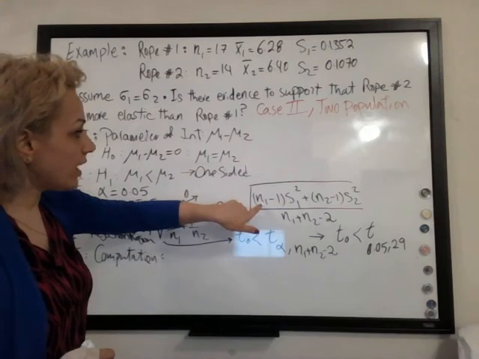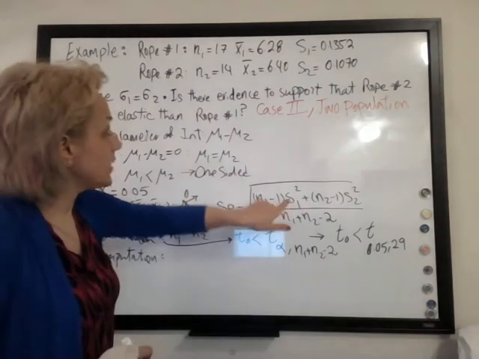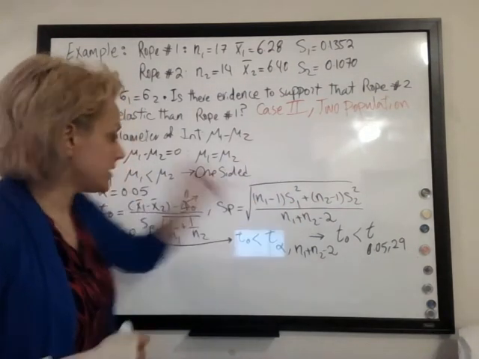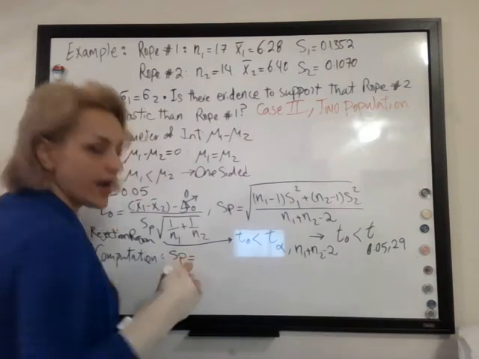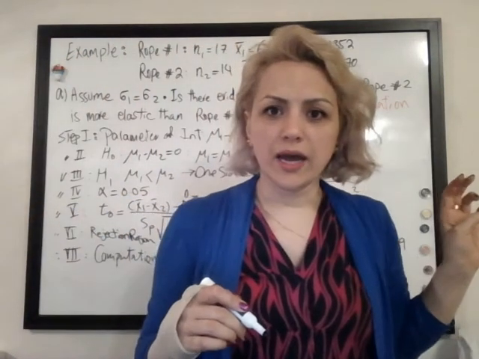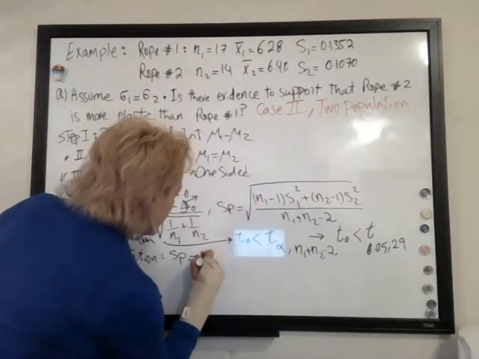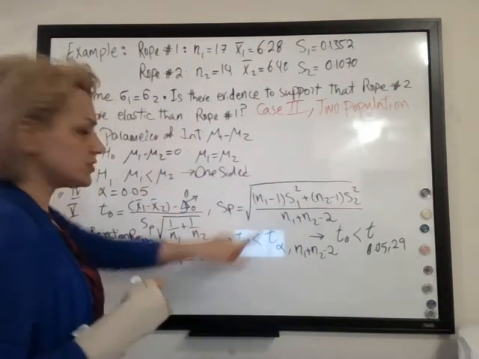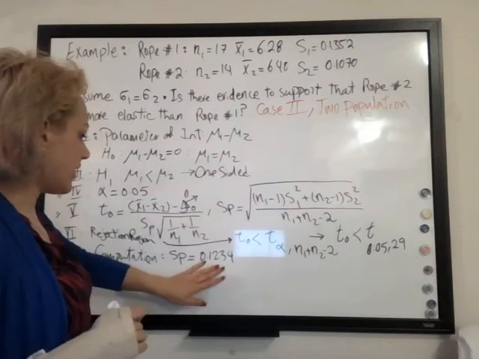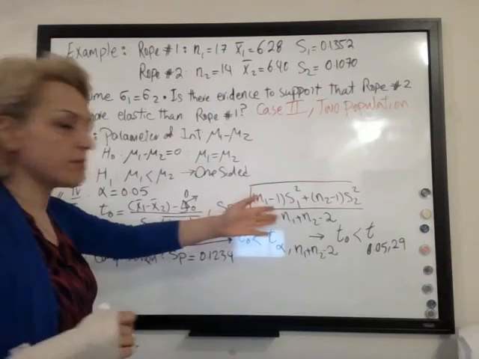So we put down N1, N2, S1, S2, and N1 plus N2. We find SP, and the value of it is 0.1234. Then we just substitute the numbers.